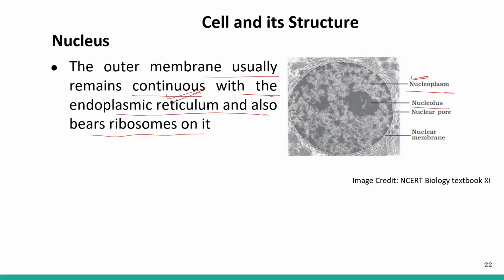The nucleolus is the round structure present inside the nucleus. Then there is a small gap in the membrane of the nucleus, called the nuclear pore, and there is the nuclear membrane, the delimiting membrane of the nucleus.